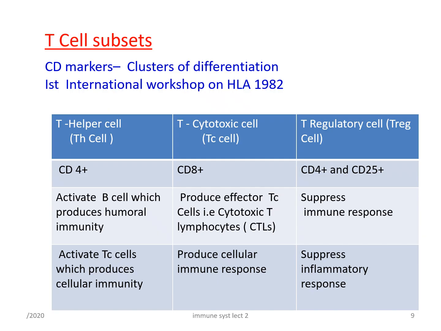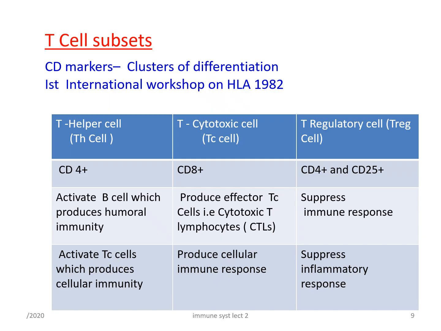So the first international workshop on HLA, that is human leukocyte antigen, in 1985 studied all such markers and ultimately grouped them and classified them to remove that ambiguity. And to date, more than 350 such markers are known. We will be talking about some of the critical markers on the basis of which major T cell subsets are identified. Now there are three main T cells on the basis of CD markers.